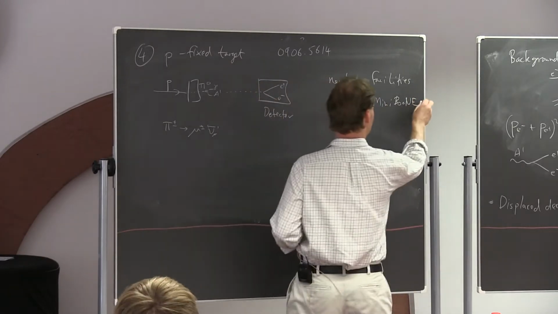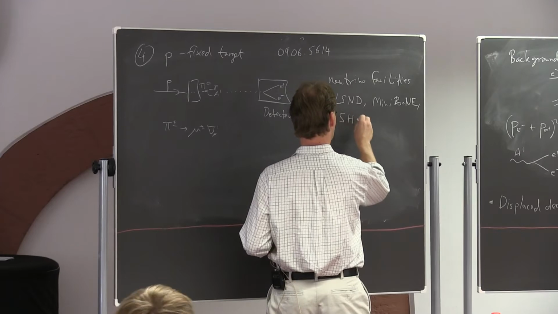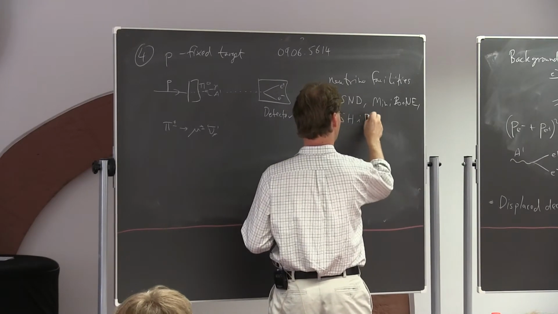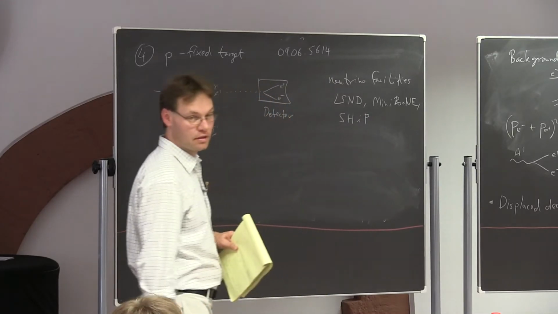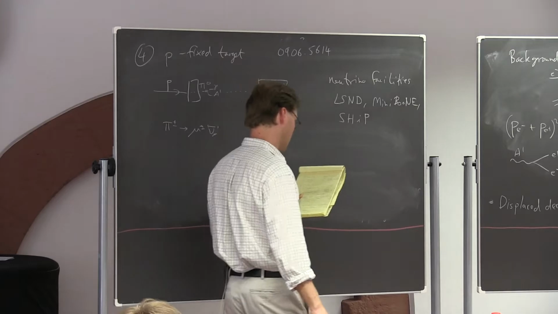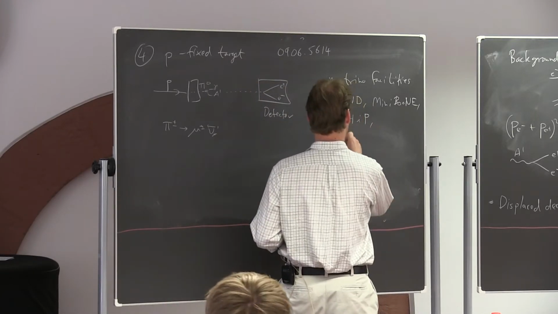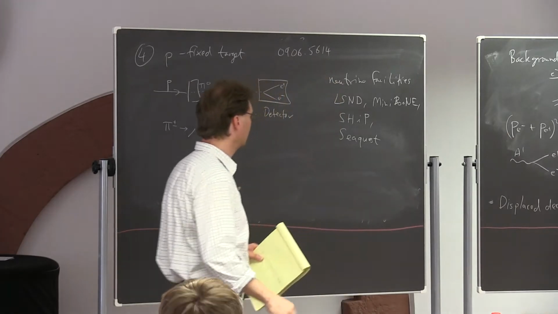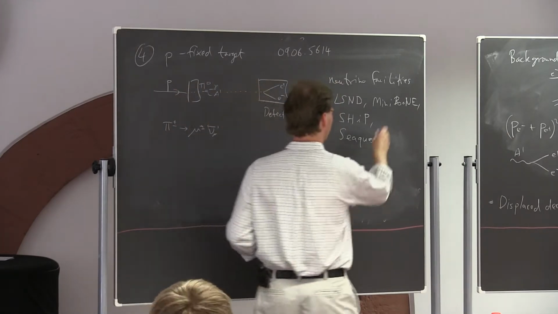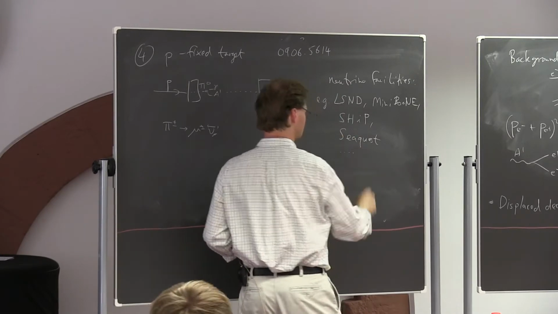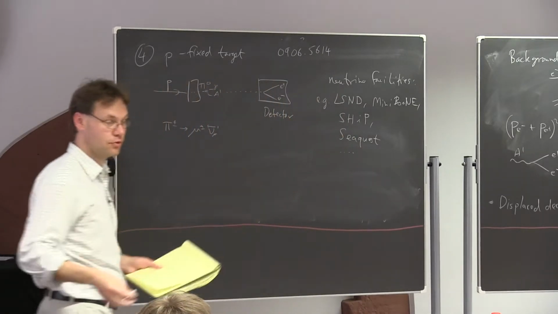I think this is correct. There's SHiP, which is a proposed experiment at CERN. So that's a proton beam fixed target. There's SeaQuest, which is an experiment at Fermilab, proton beam. And there are others.